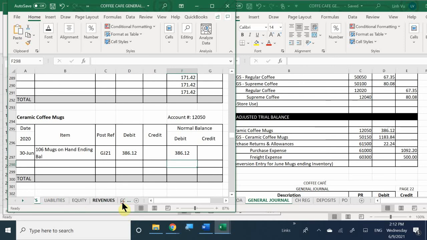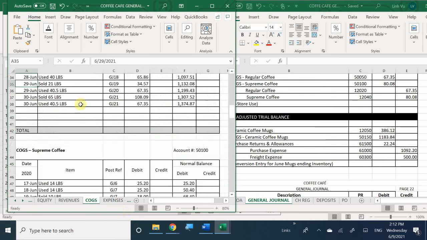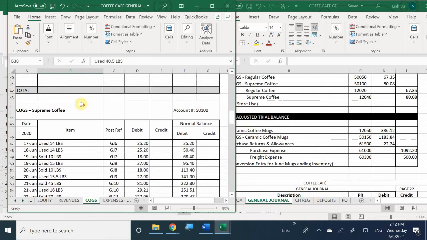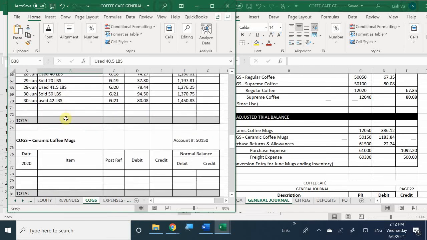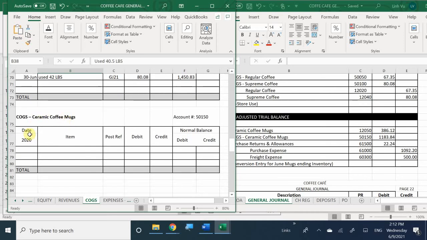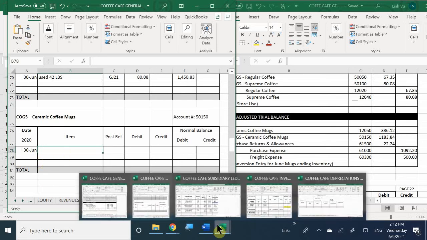Cost of goods sold. Ceramic coffee mugs. 631. 431 cups sold.